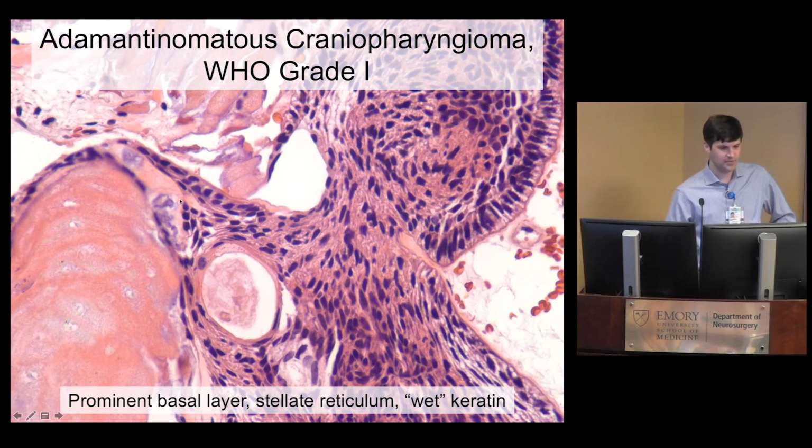But these will often have lots of calcification in them. But the ghost cells really help you make the diagnosis. Otherwise, you're looking for a prominent basal layer to the squamous epithelium, and then other areas that'll look more loose and more myxoid and look a little bit more like tooth-forming epithelium that's called stellate reticulum.